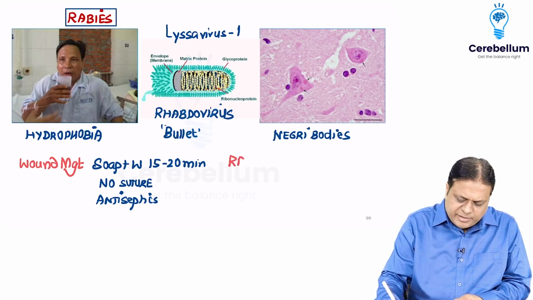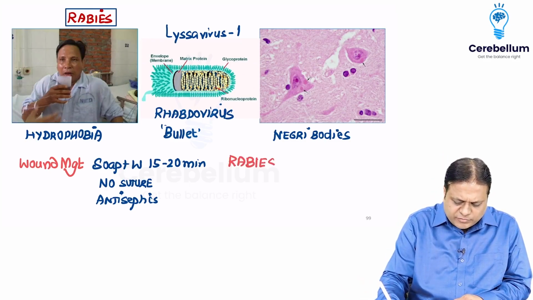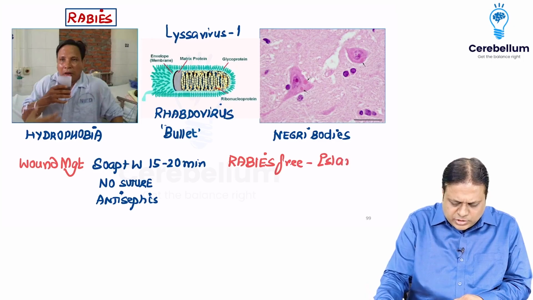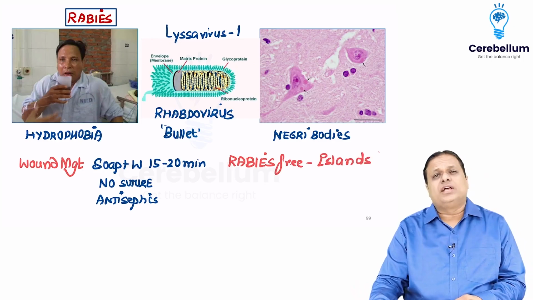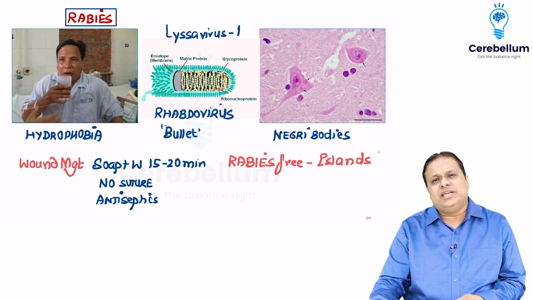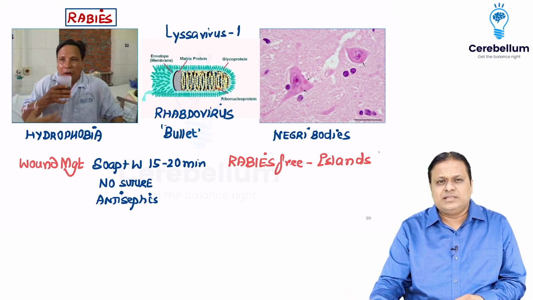Epidemiologically, rabies-free regions are waterlogged bodies, that is islands. So Andaman Nicobar, Lakshadweep in India, otherwise China, Taiwan, Japan, Cyprus, all Australia, all are rabies free.